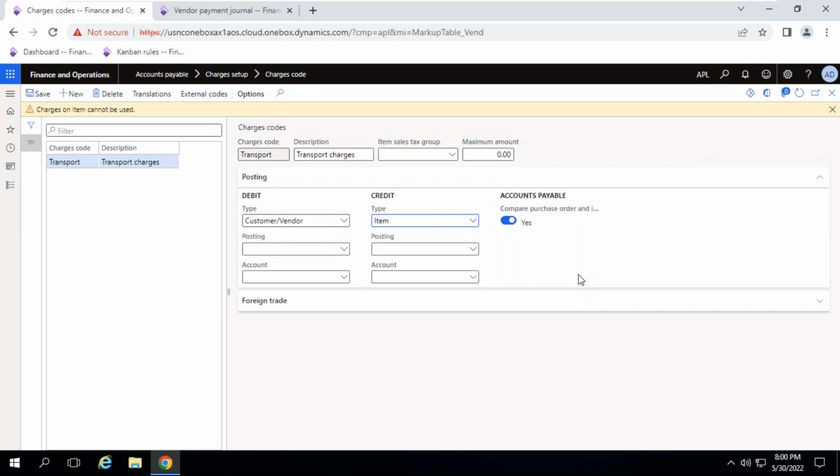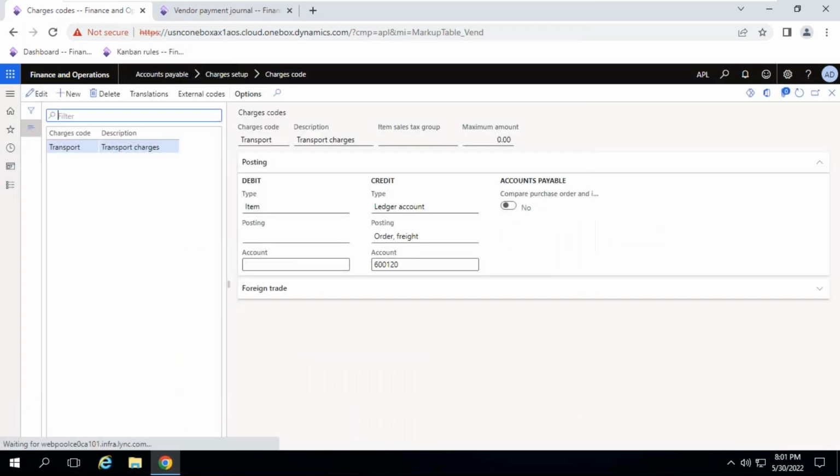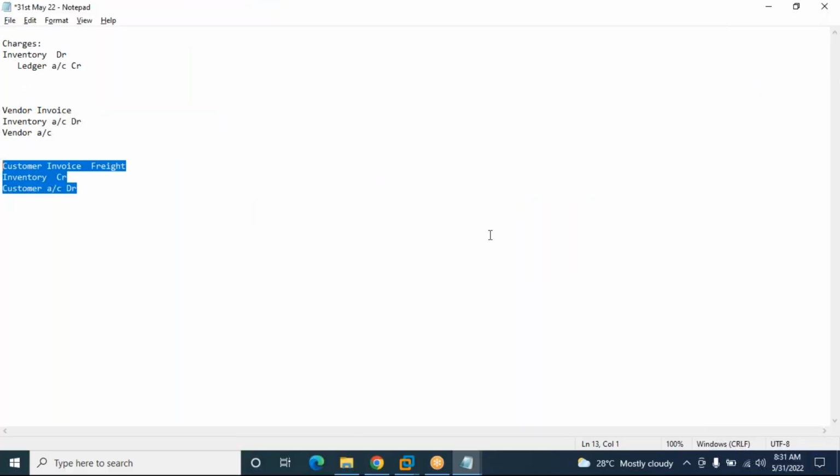Yes, sir. So it is actually a ledger account only. Like this, you can define it based on your requirement. Got it? Yes, got it, sir. Fine.